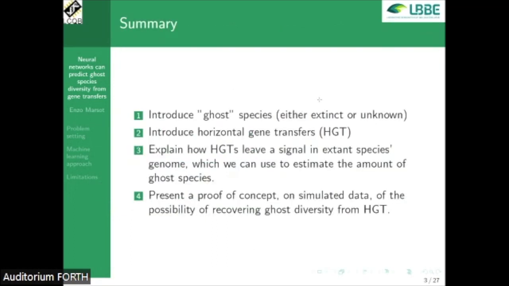First, I'll introduce what ghost species are, then introduce rapidly horizontal gene transfers, explain how we can use the signal from horizontal gene transfers to estimate the amount of ghost species. And finally, I'll present a proof of concept on simulated data of the possibility to recover ghost diversity from horizontal gene transfers.